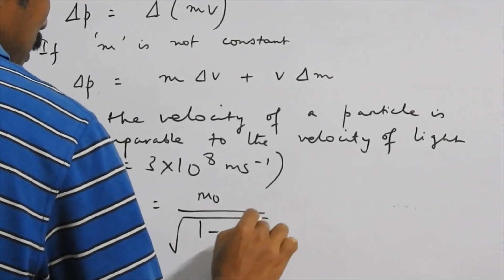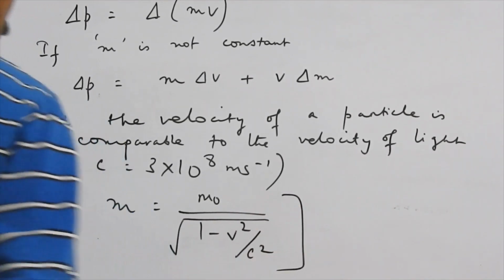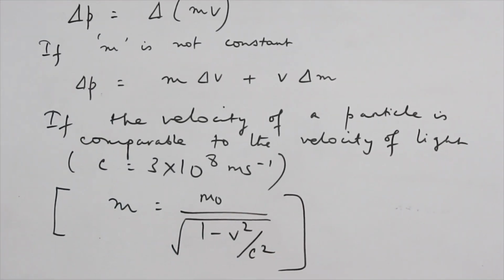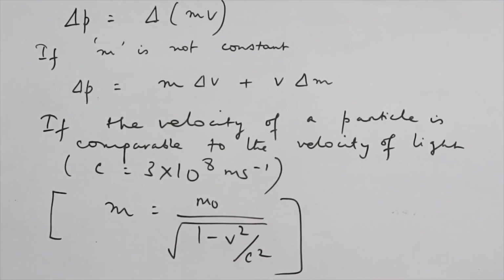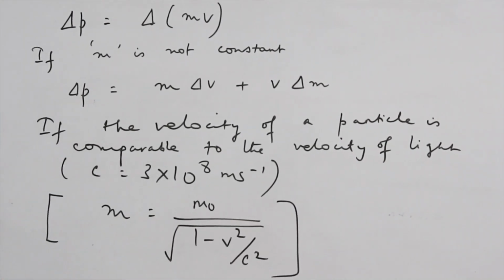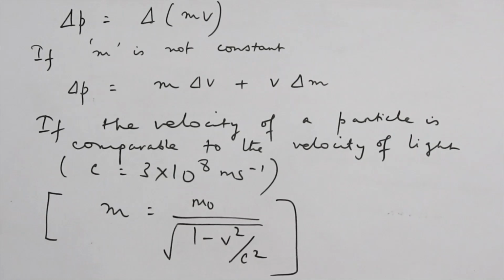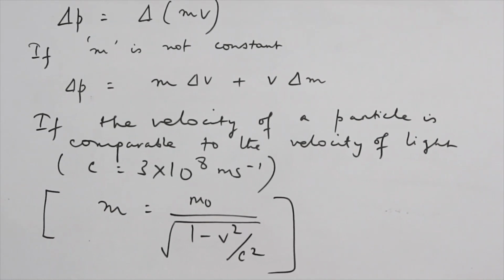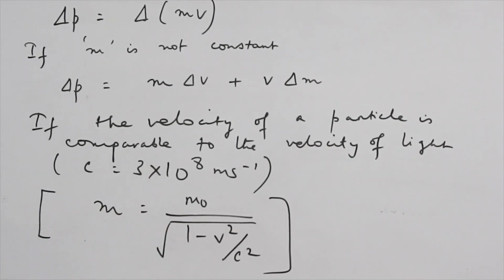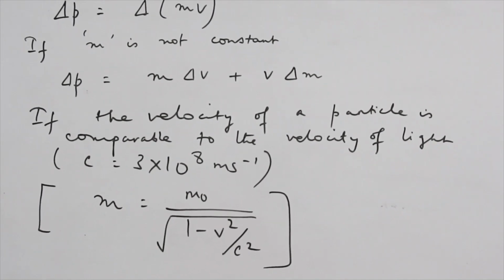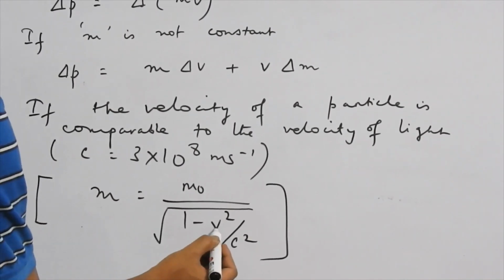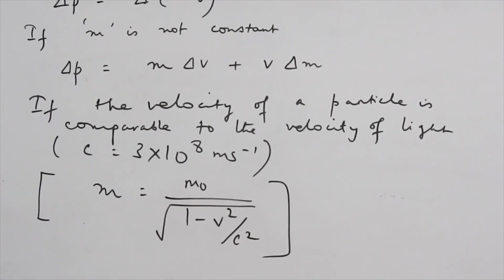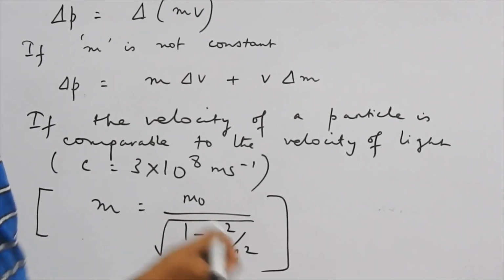Now this is not to be discussed anywhere unless and until you realize what is relativity. Still, for curiosity, if anyone has any curiosity regarding how the mass changes with changing velocity, here v represents the velocity of the subatomic particle and c represents the velocity of light.